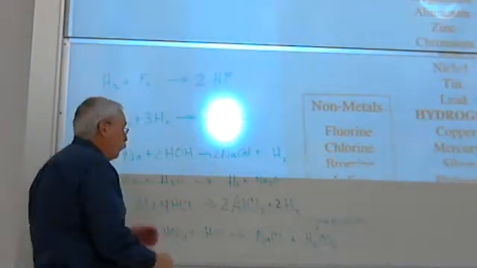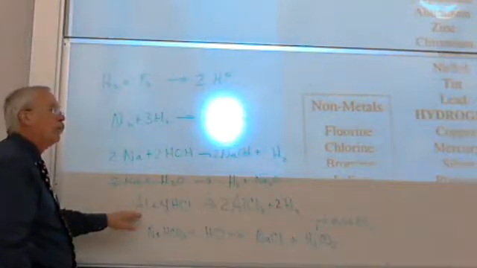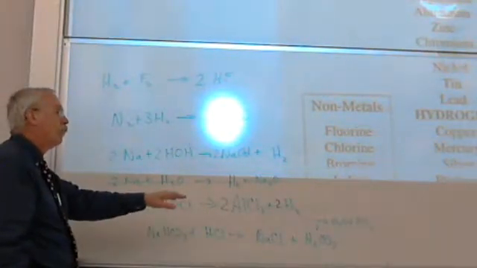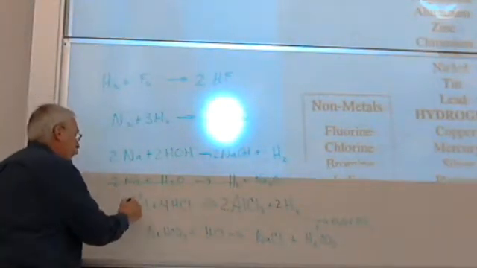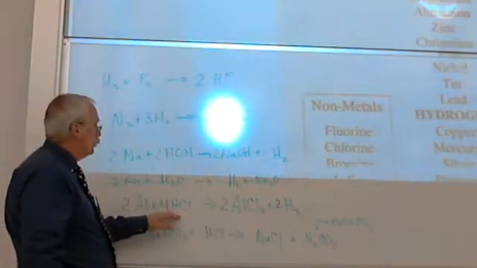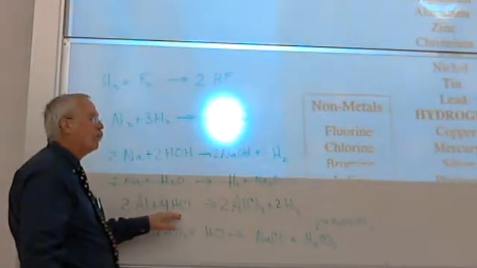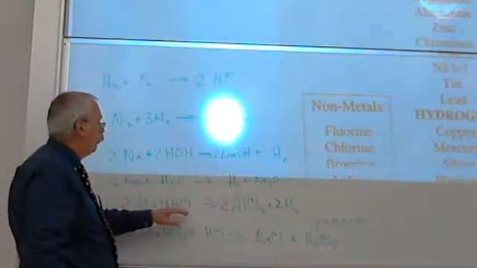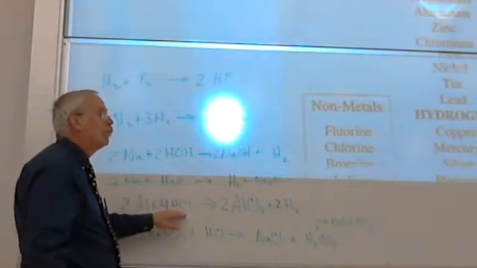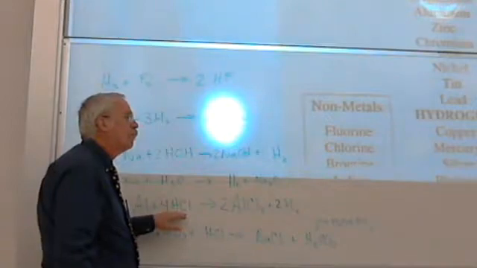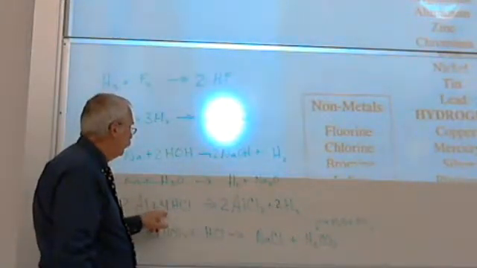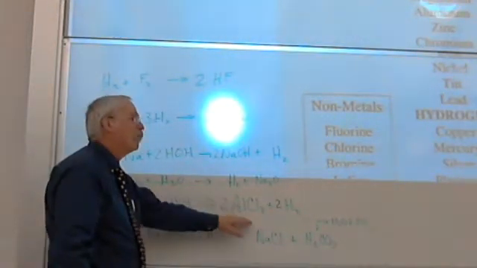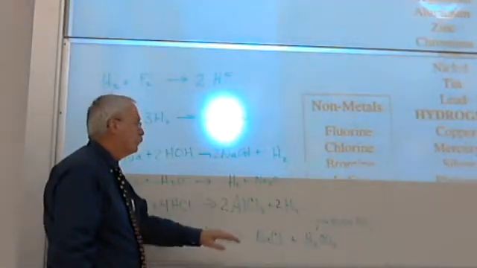So now let me go back and start over again. Aluminum. 1. You need to balance with 2. Okay. Hydrogens. There are 4. 2. 4. Oh, 4. 4. Chlorines. There are 4 and 6. 4. 6.